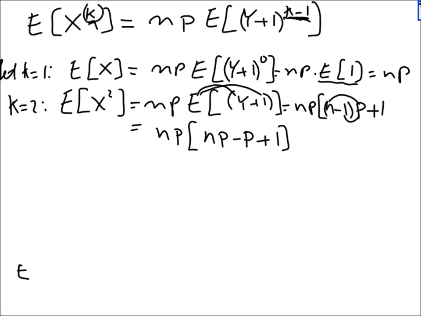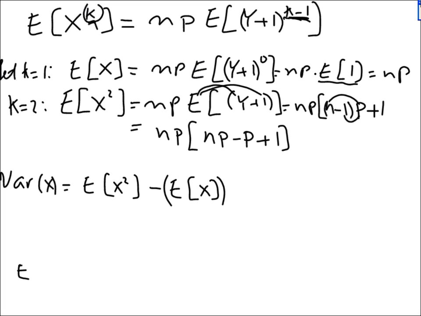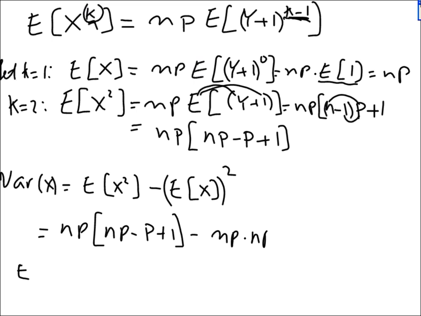So now, the variance. The variance of x is simply E of x squared, something we just computed, minus E of x, something else that we already computed, squared. E of x squared is np times np minus p plus 1, minus E of x, which is np squared, that is, times another np. Between here and here, I can factor out np.